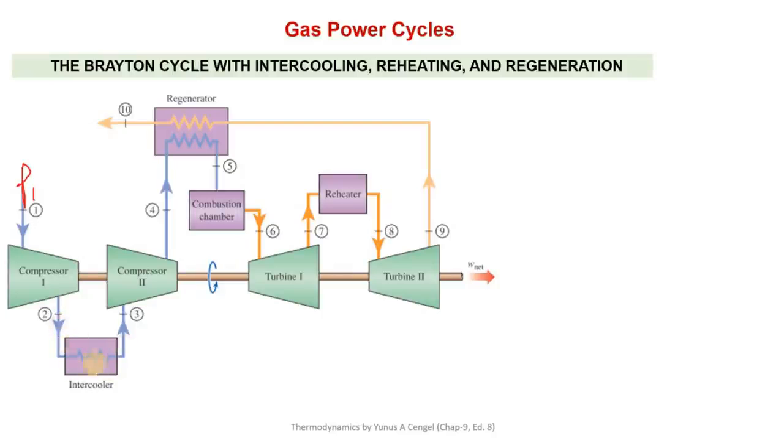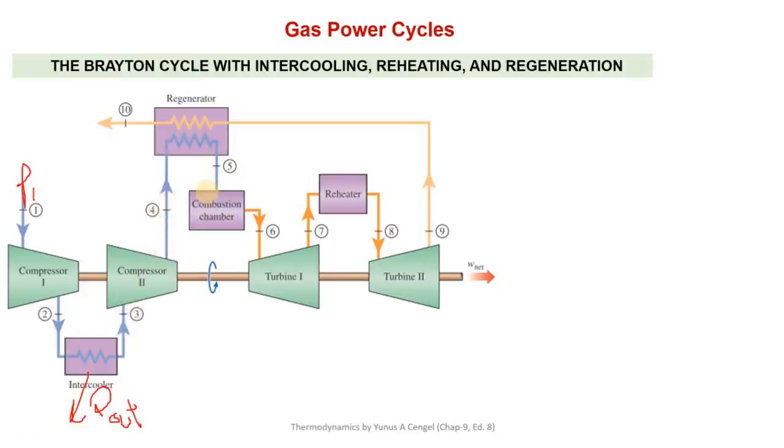Now it enters into an intercooler where heat is rejected, Q out. This is Q out. So 1 to 2 is partial compression, then 2 to 3 is intercooling because fluid is losing heat. Then it is again compressed in the second compressor.